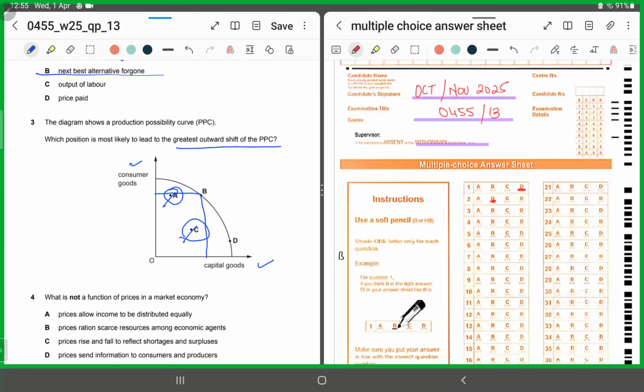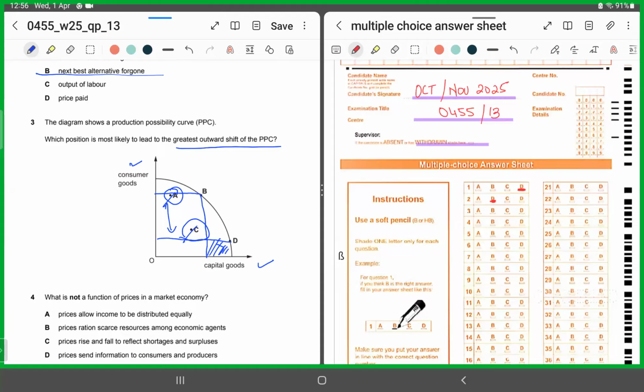But if you compare it with position D, at point D the amount of consumer goods is considerably less than the economy would have been producing at point B. However, the amount of capital goods is more, right? And we know by definition that being at point D would enable the economy to have the greatest outward shift.